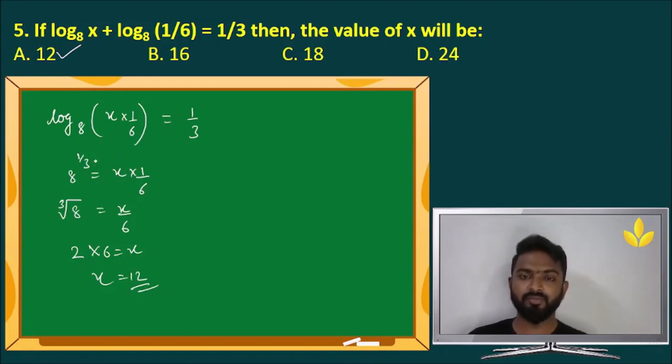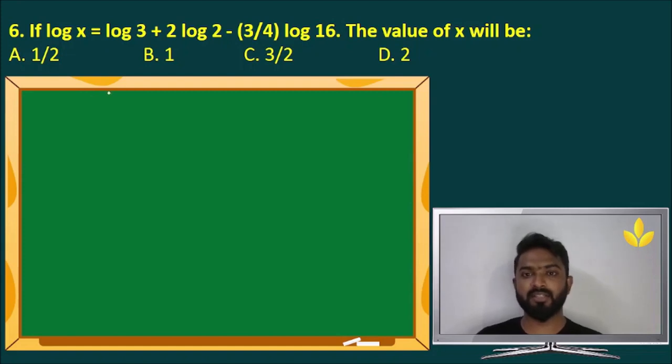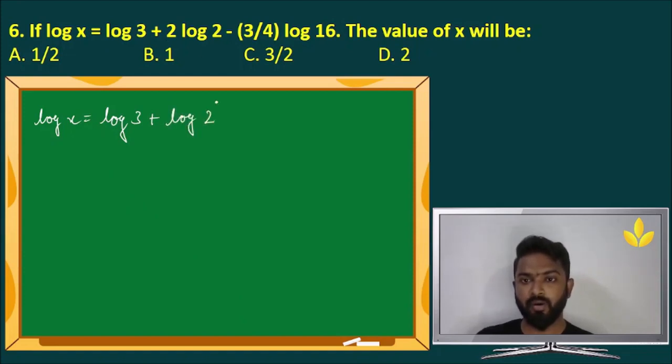Let's move on. Question number 6. If log of x equals this plus this minus this, then the value of x will be what? Okay, let's do it. We have log of x equals log of 3 plus 2 log 2, which is nothing but log 2 power 2, minus log of 16 power 3 by 4. So if you solve this, what do you get?